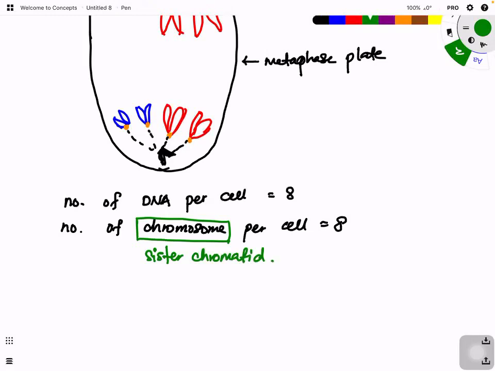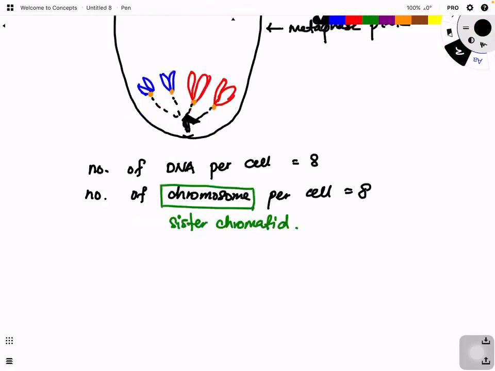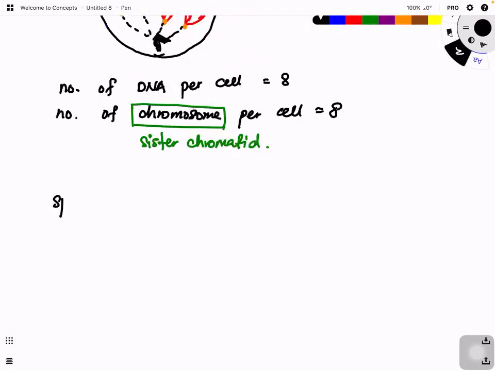Now I'm going to talk about the behavior of the spindle microtubule first. What actually happens to the spindle microtubule? It becomes shorter. When the spindle microtubule becomes shorter, what's the behavior of the chromosome?